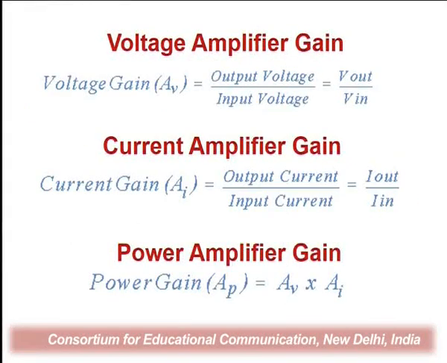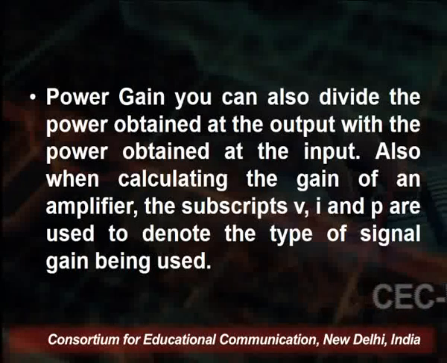The voltage amplifier gain AV is equal to output voltage divided by input voltage, that is V out divided by V in. Similarly, the current amplifier gain AI is equal to output current divided by input current, I out divided by I in. The power amplifier gain AP is equal to AV times AI, the multiplication of voltage gain and current gain.